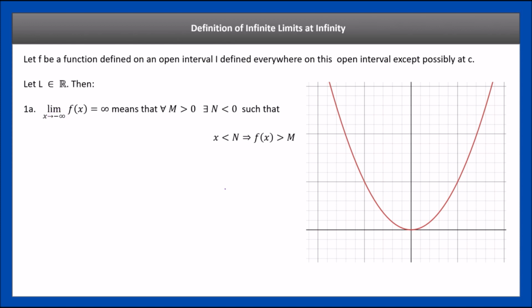So what this is saying is that for all positive M, there exists an N, right? So for all M, let's just say that this is M. Then there exists, and we're doing negative infinity, so for all M, there exists an N that is less than 0.